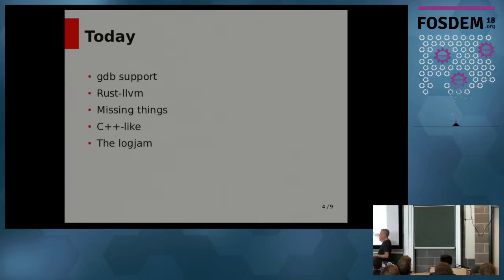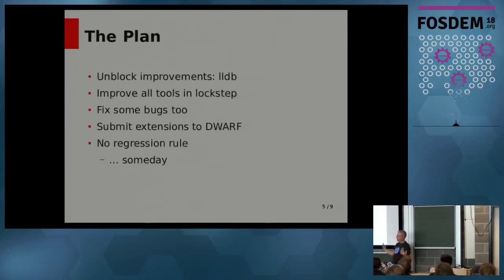And this leads to a logjam. I want to improve the debugging information for things. I want to add debugging info for traits, or I want to do this or that. But you can't do it because LLVM won't understand it, because LLVM thinks it's all C++ code. So we're stuck.